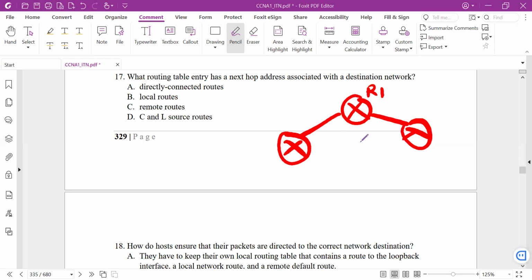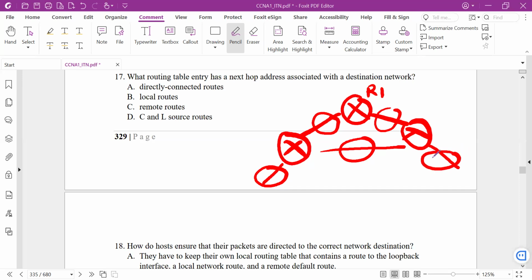It is most likely going to show this network right here. It is going to show this network right here. And if it has the capability to learn about other networks, for example, it can learn about this network here. It can also learn about this network. It can also learn about this network.